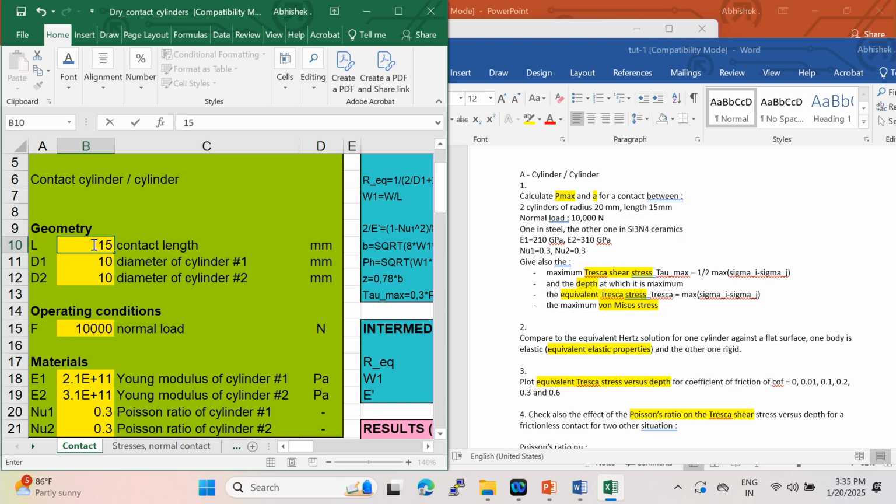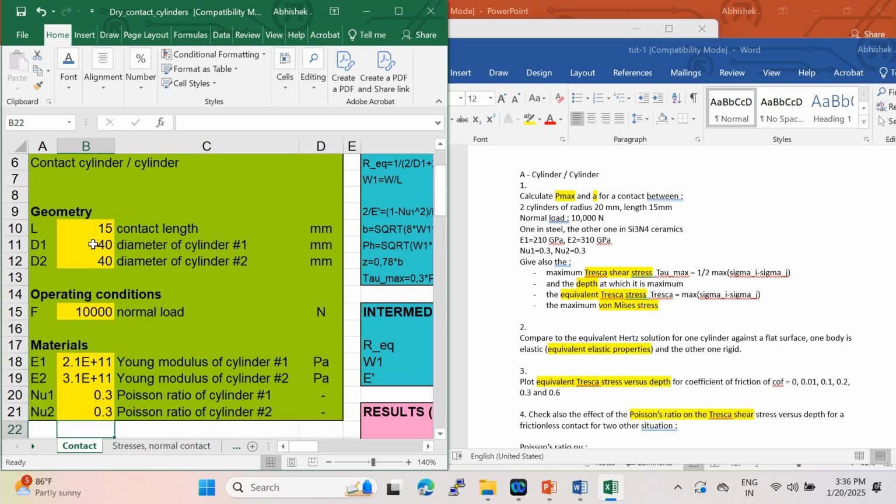The radius is 20 millimeters, and the diameter is 40 millimeter for each cylinder. Then this is the real problem. The normal load is 10,000 Newton. This is correct for the steel. This is ceramic. Okay.